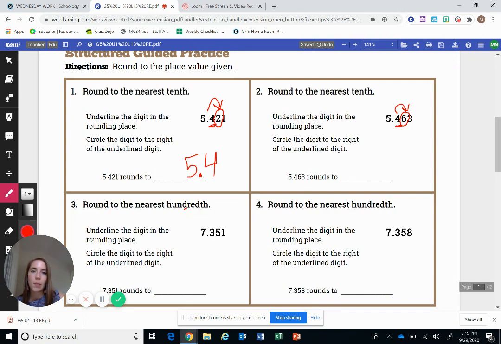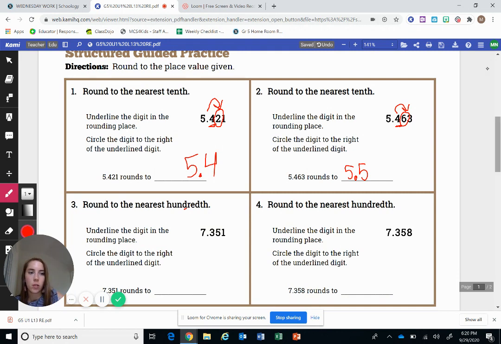Well, now I need to ask myself, is this number greater than 5 or less than 5? 6 is greater than 5, and we know 5 or more, add 1 more. So the answer, we are going to add 1 to the 4. It's getting bigger by 1. So my answer is 5 and 5 tenths. 6 was greater than 5, so we needed to add 1 to the 4.